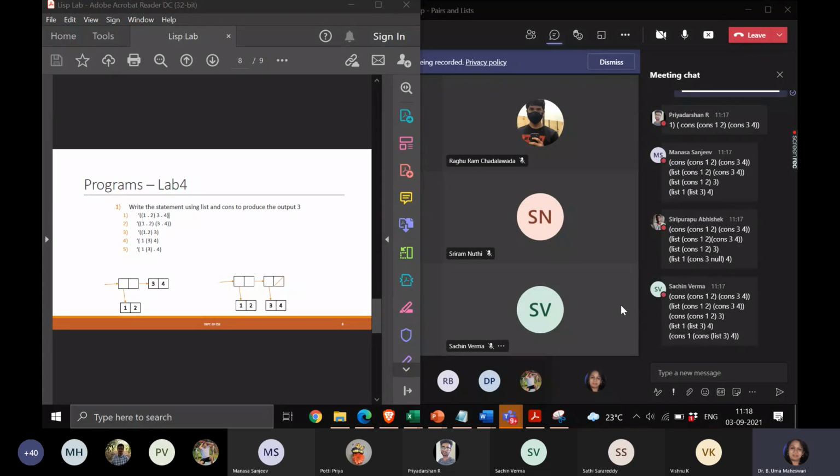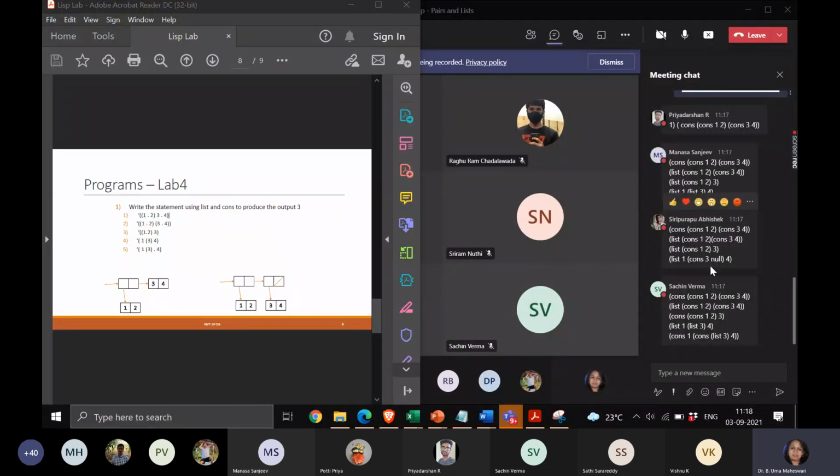Cons of cons 1 to cons 3 4. Yeah, that's right. But if you are going for a list, list of 1 2 3 4, yeah. So list inside cons 1 2 cons 3 4, everyone is getting almost the same.